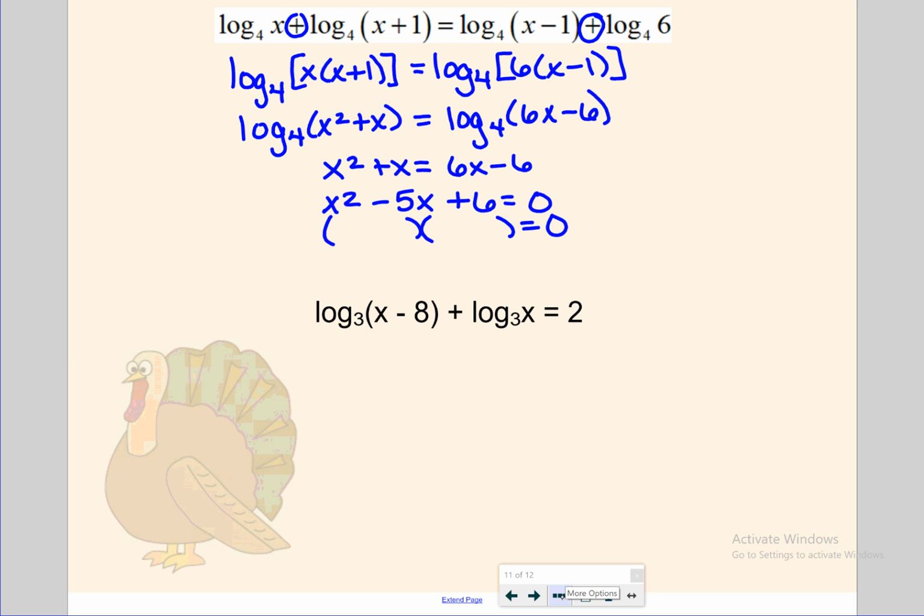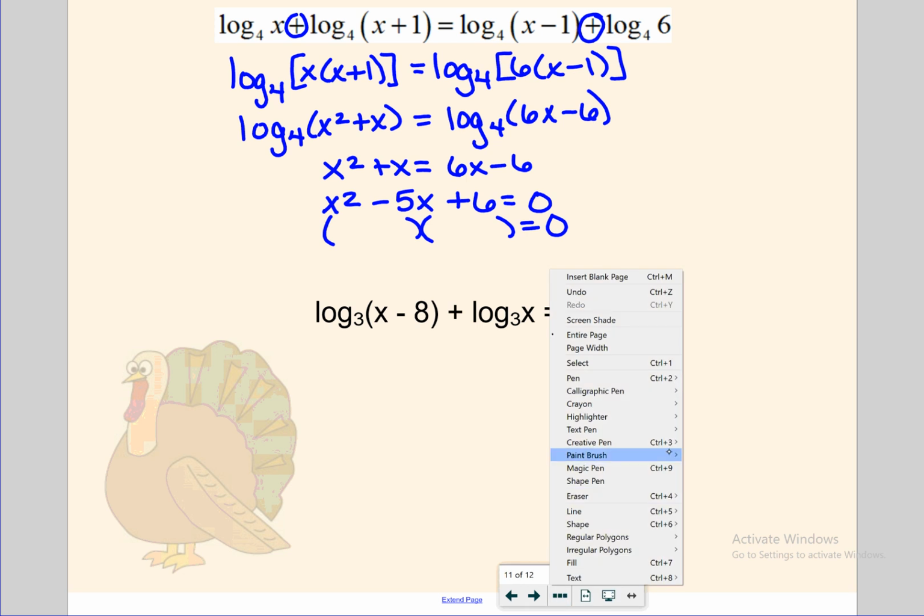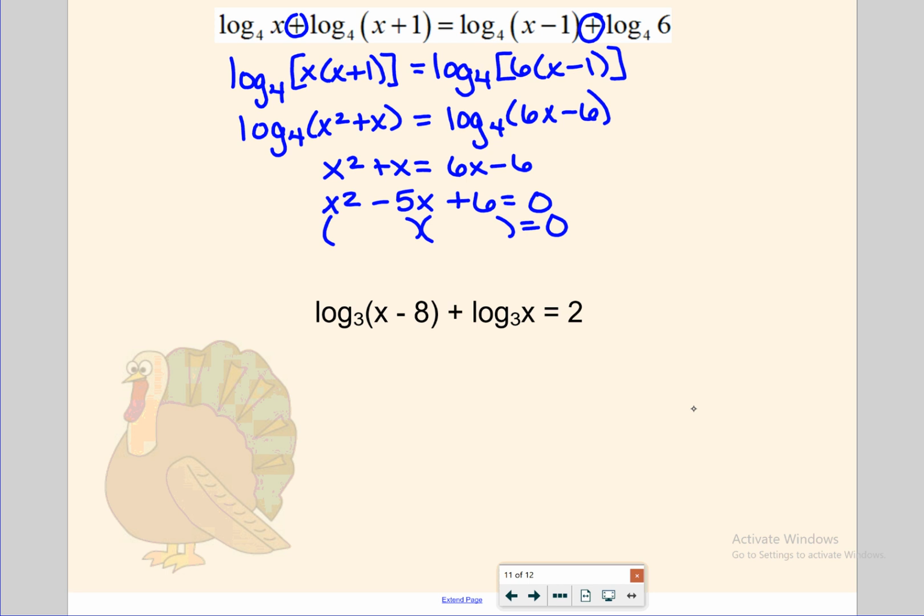Two numbers that multiply to 6 and add to negative 5. Yep. Negative 3, negative 2. So my solutions are positive 3 and positive 2.